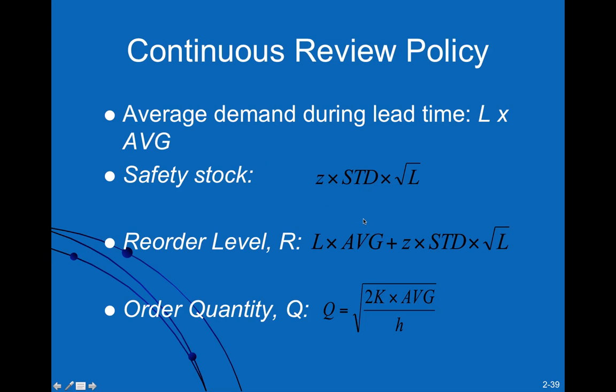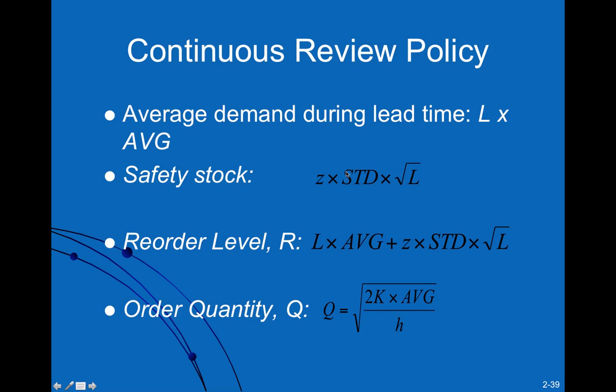This gives us a safety stock level. The average demand during the lead time is just the lead time times the demand rate. So the reorder point is made up of two parts: the average demand during the lead time, plus the safety stock. And then the order quantity Q, which we've already determined from the EOQ formula.